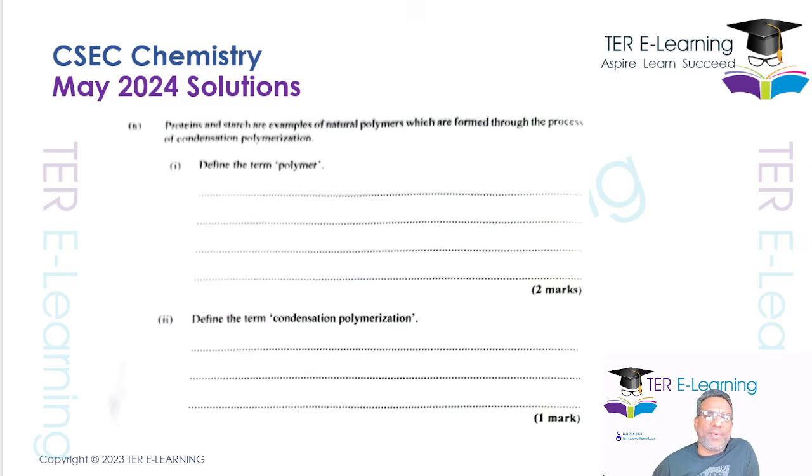Right, this is question 5. Proteins and starch are examples of natural polymers which are formed through the process of condensation polymerization. Define the term polymer. So that's a standard question that they bring a lot.